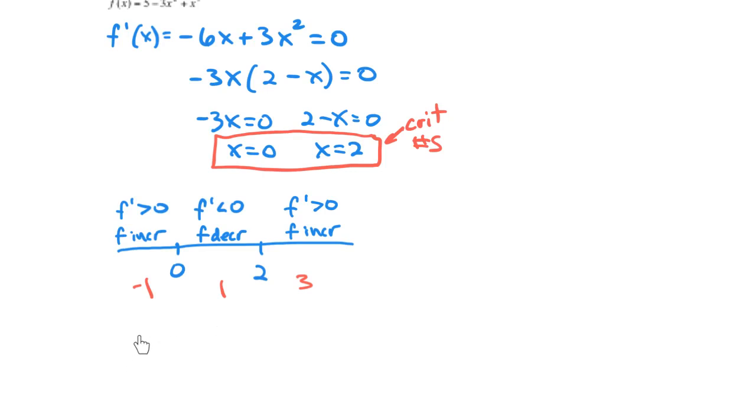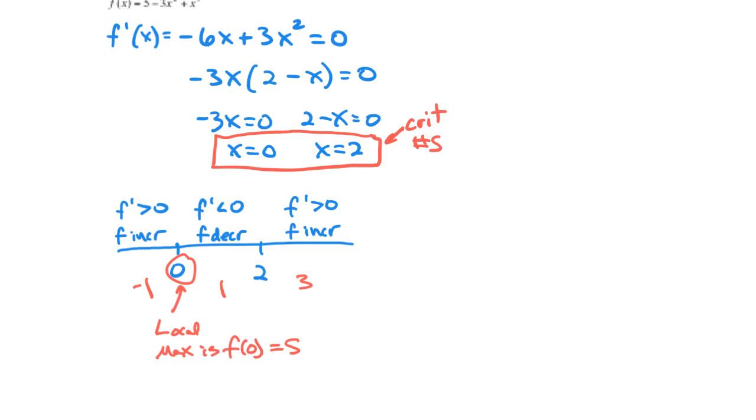So we know there is a local maximum here, and the local maximum is f of 0. And when you plug a 0 into the original function, not the derivative, the original function, when you plug in a 0 for x, you get 5. So that's the local maximum.